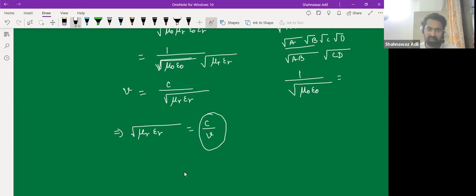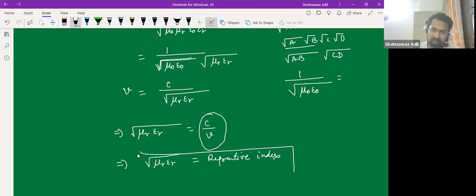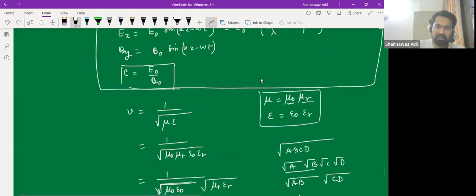Refractive index, right? So this is the refractive index, and this is root of mu r epsilon r. So we can calculate the refractive index of the medium using this equation, right?